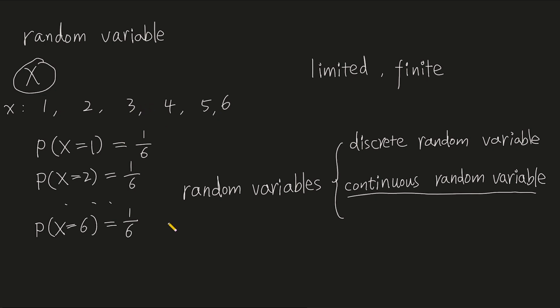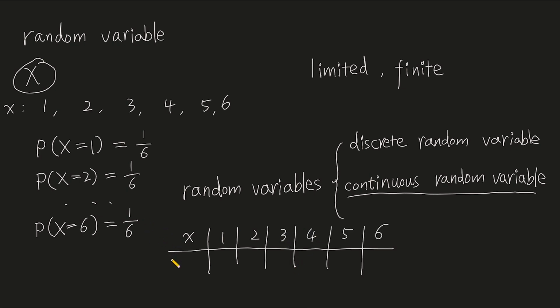And now we can use a table to show the information about a discrete random variable. For this example, we can write a table like this one. Here is small x. The small x represents the possible values of the random variable. So x can be 1, 2, 3, 4, 5, 6.